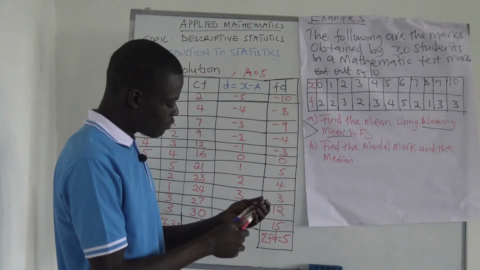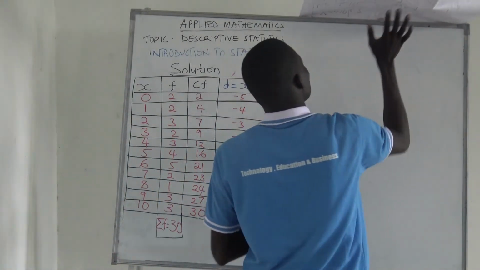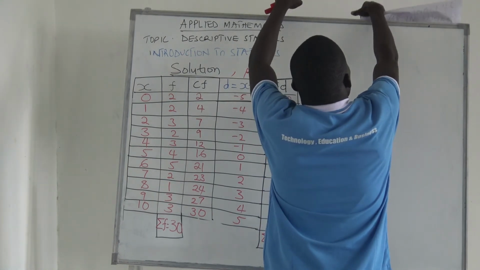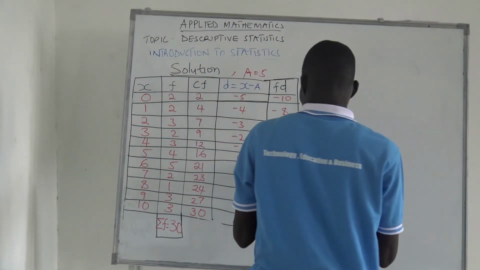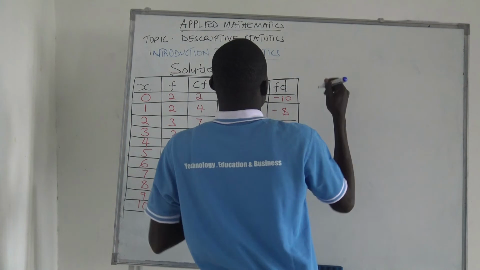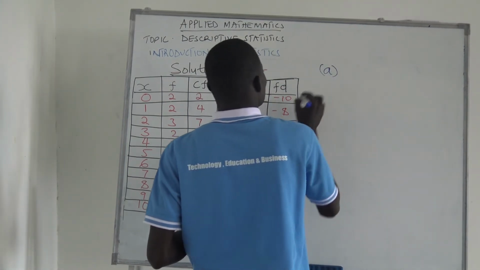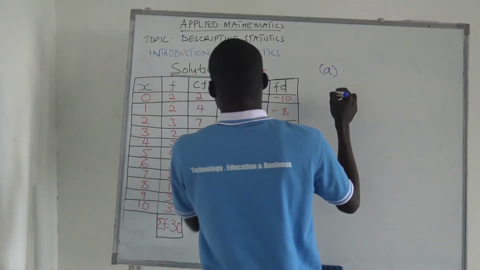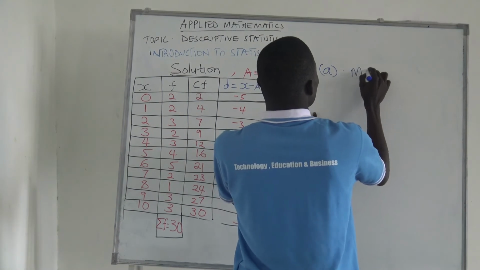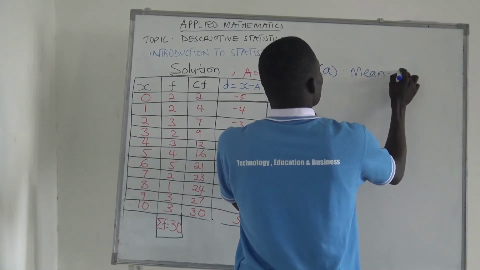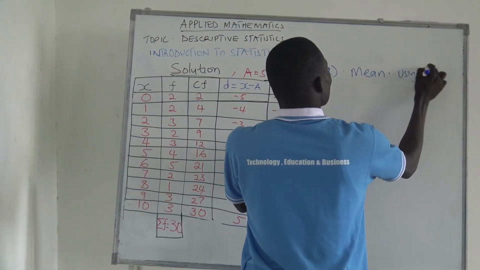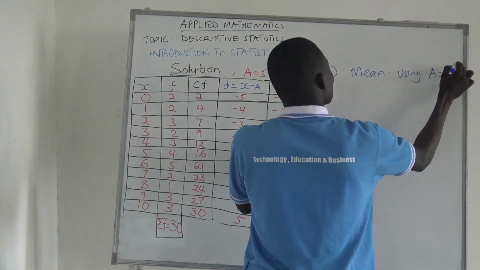So let us start from our first question, which is part A, find the mean using assumed mean A as 5.